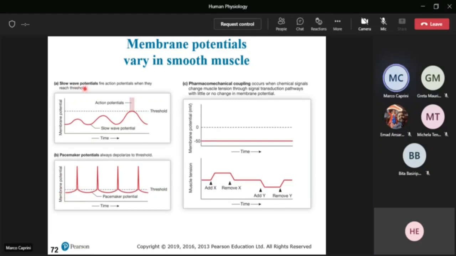In the slow wave potential, the membrane can depolarize and repolarize, depolarize and repolarize without giving rise to an action potential. The action potential can be fired only when it reaches the threshold. In the pacemaker potential, we always reach the threshold. In the smooth muscle cells, we reach the threshold only sometimes.